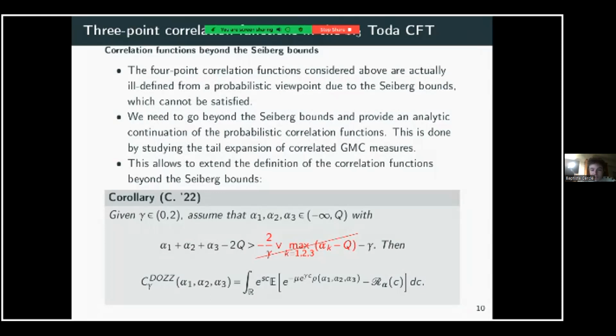The constraint was just that the sum alpha 1 plus alpha 2 plus alpha 3 minus 2q was greater than this bound. Thanks to the knowledge of this tail expansion of a Gaussian multiplicative chaos measure, we are able to extend the range of validity of this probabilistic representation. Okay, that was functioning, I think.